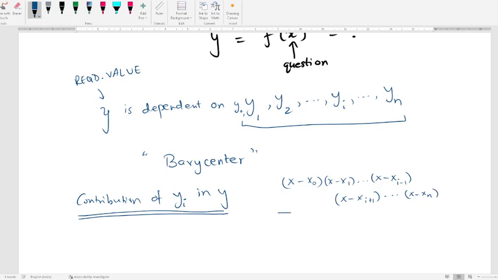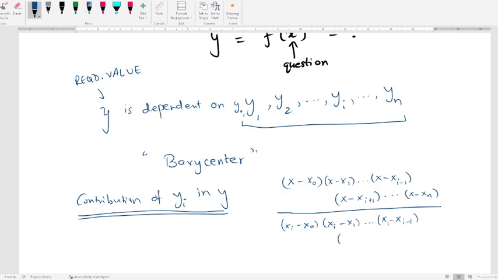This product is considered as the numerator, whereas the denominator would be xi minus x0, xi minus x1, and so on, up to xi minus x(i-1). Then we skip the xi minus xi term, by definition of the barycentric weight.